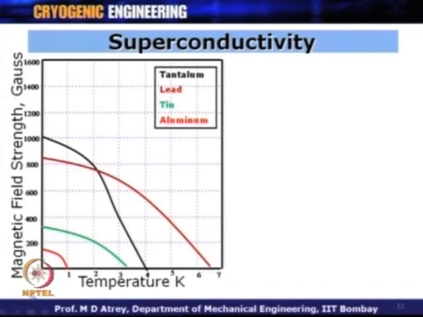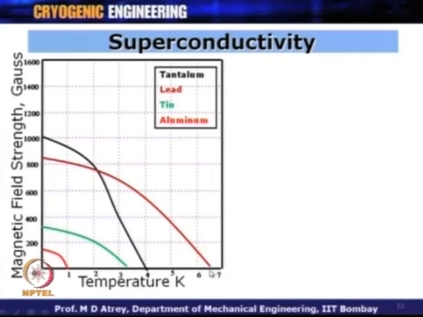Similarly, for aluminum, the Tc is around 1. But as soon as you apply a magnetic field, the behavior is like this. That means, at this particular magnetic field, the corresponding Tc value is less than what it was earlier at zero magnetic field. Alright.